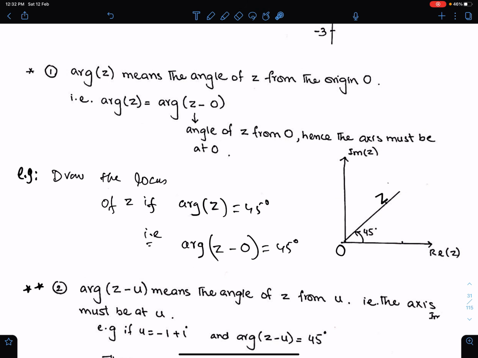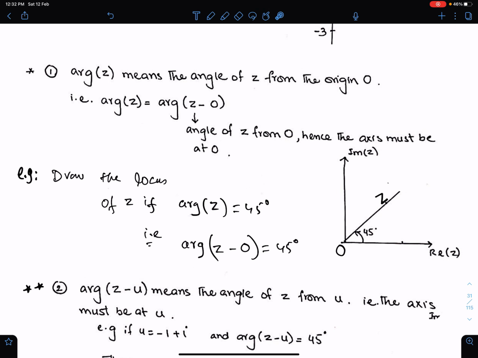If the question is draw this line, argument z is 45, the formal term is draw the locus of z if z is this. But since we haven't discussed locus in complex numbers yet, just understand this: draw the line of this argument. We will discuss this in loci.